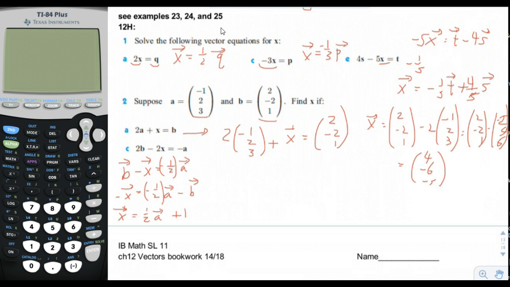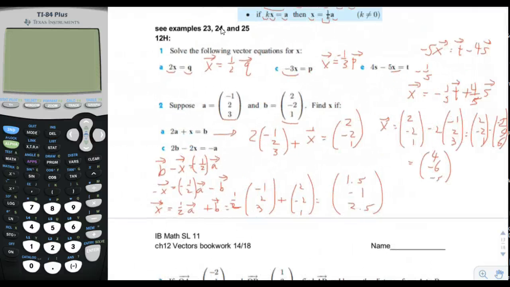Now we can just add them up. A is -1, 2, 3. We multiply it by the scalar 1/2, and then add to it 2, -2, 1. So the top one would be 2 minus 1/2, which would be 1.5. Then 1 minus 2, which is -1. And 1.5 plus 1, which is 2.5. I was probably doing too much of that in my head. Okay, so that's page 13.